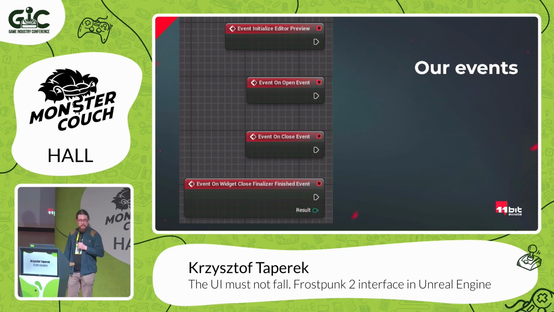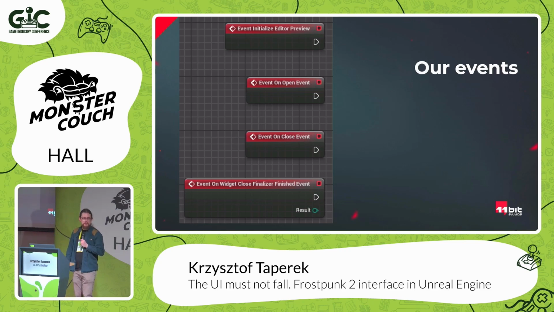We have events for OnOpen and OnClose. As the name suggests, it's called when we open or close panels, but more generally, when we are switching visibility of panels. So when a widget starts to be visible, or we just hide it. And by the way, we are putting more logic on open than on initialize, because we don't need a lot of logic unless the panel is visible.